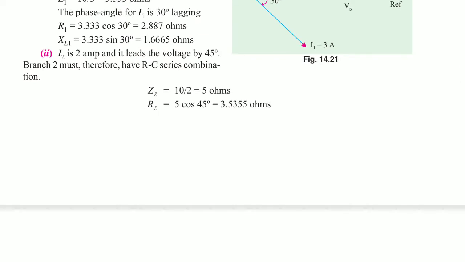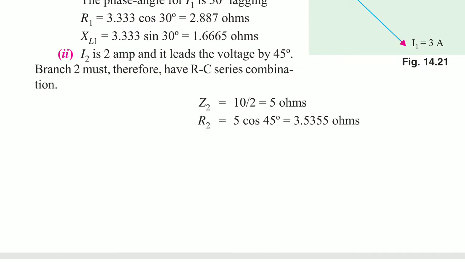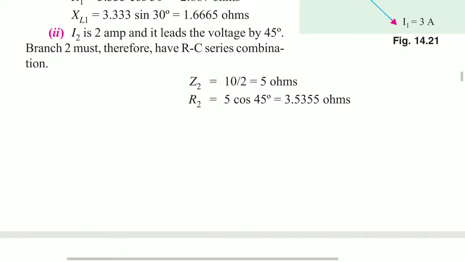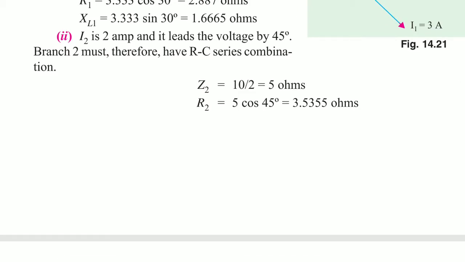Here for branch 2, I2 is 2 amps and it leads the voltage by 45 degrees. Whenever the current leads, the branch has an RC series combination circuit.